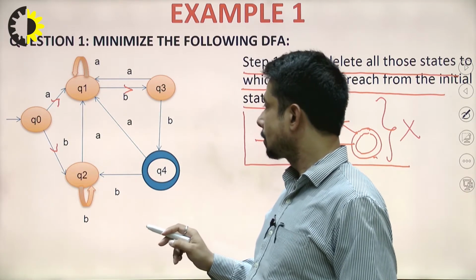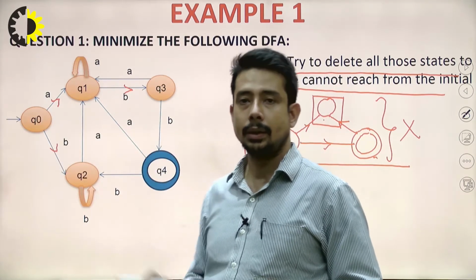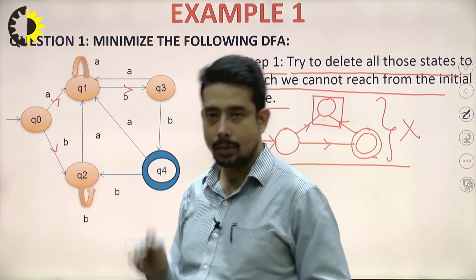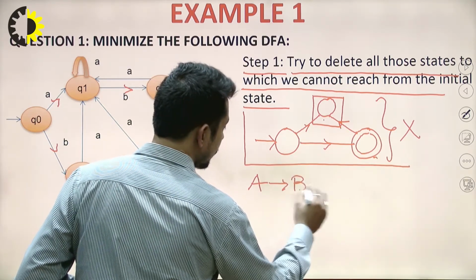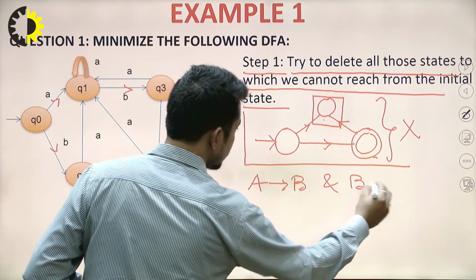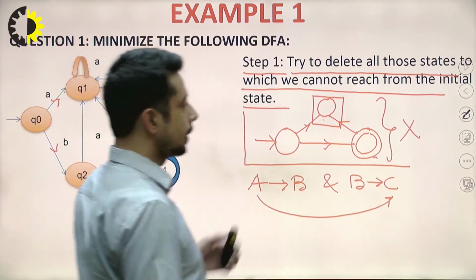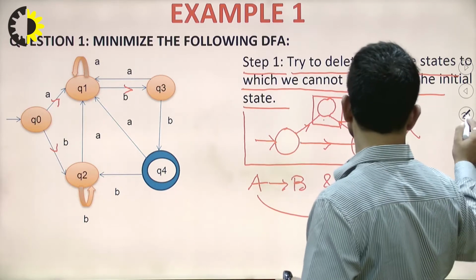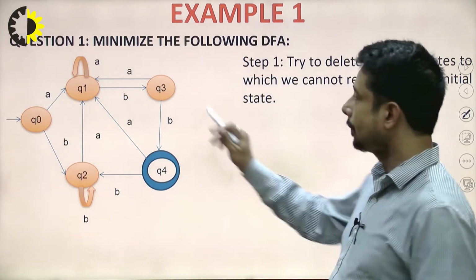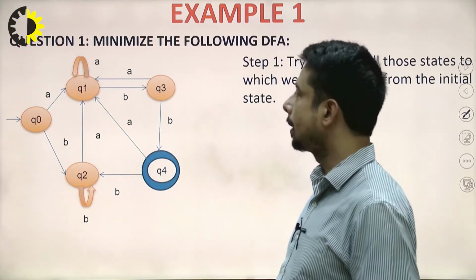Is there any other option? No. So Q4 can also be reached from Q0, not directly but by the transitivity property. Transitivity property says that if A tends to B and B tends to C, then A tends to C. So in this particular question, we are not having any states which can be deleted, and the diagram will remain as it is.